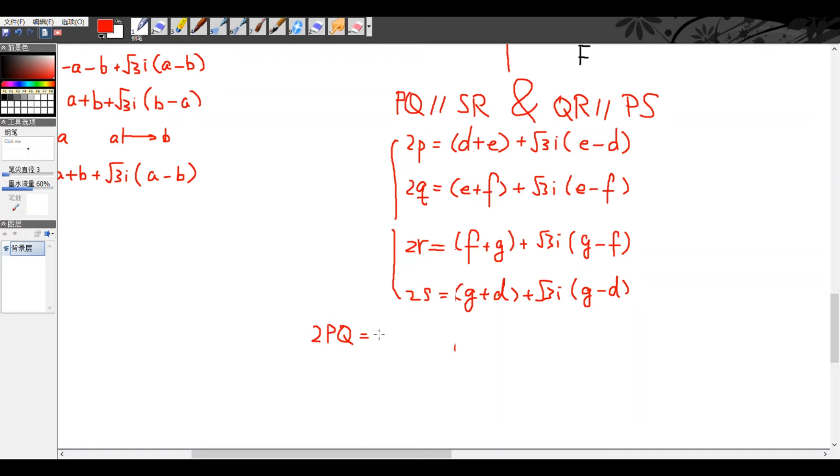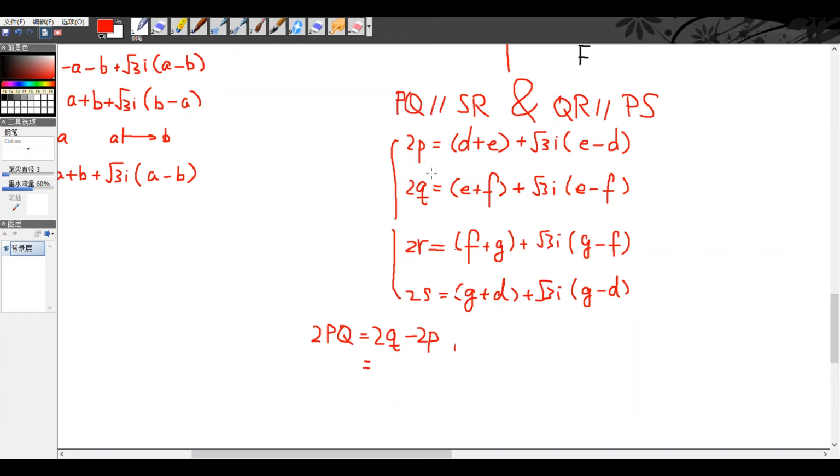So 2PQ is equal to 2Q minus 2P. You can have this if you treat your complex numbers the way we treat vectors.